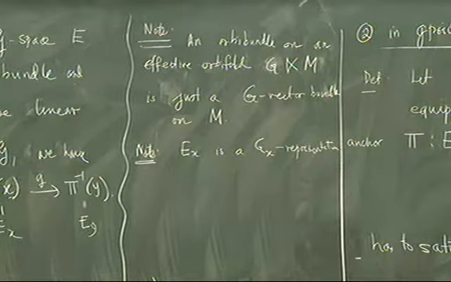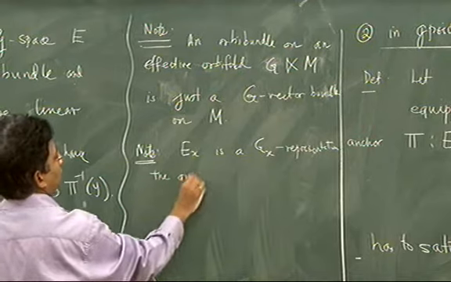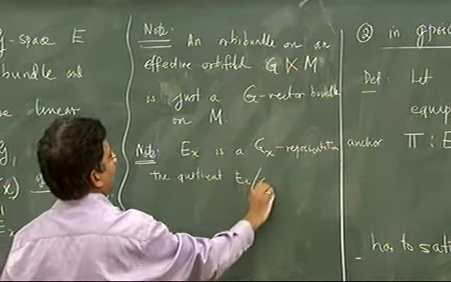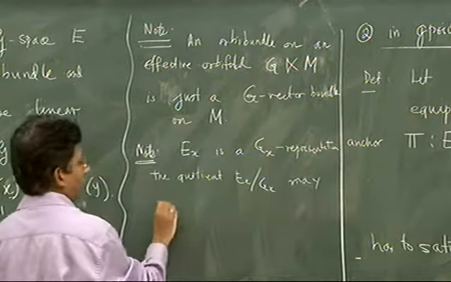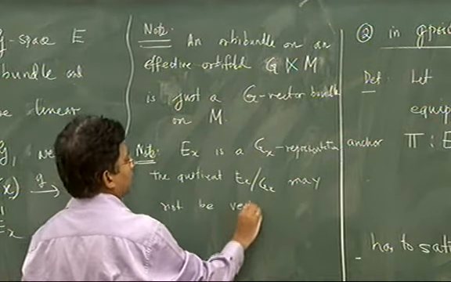The quotient E_x mod G_x may not be, of course, a vector space.